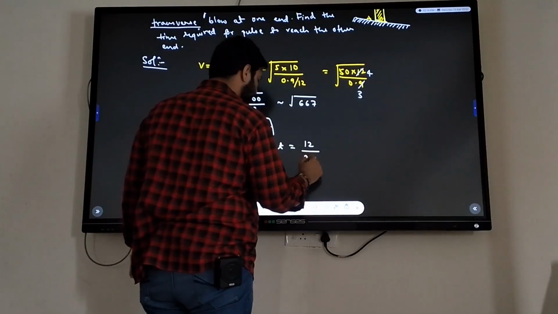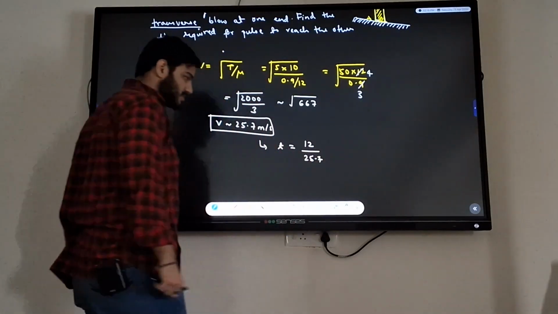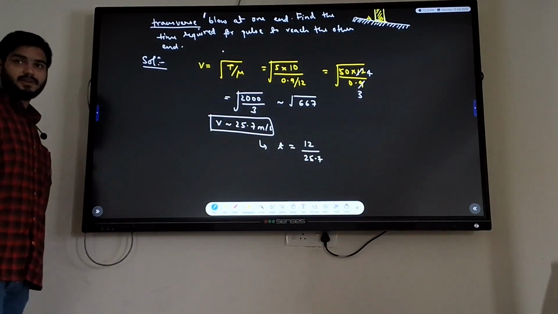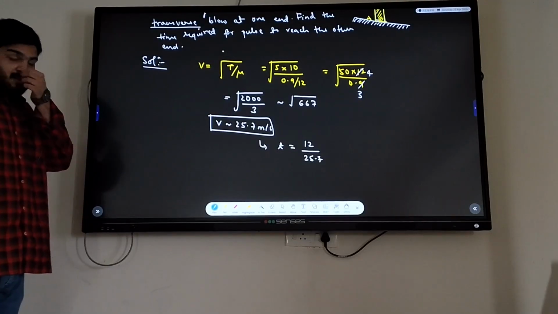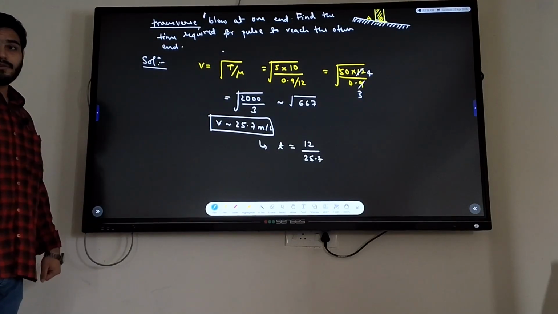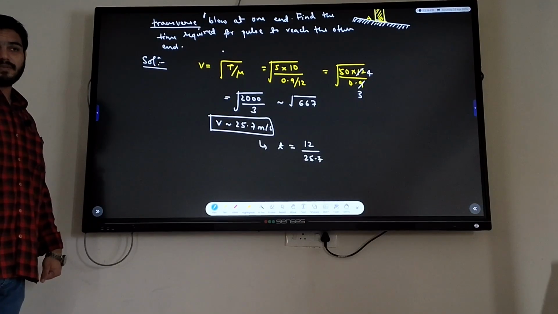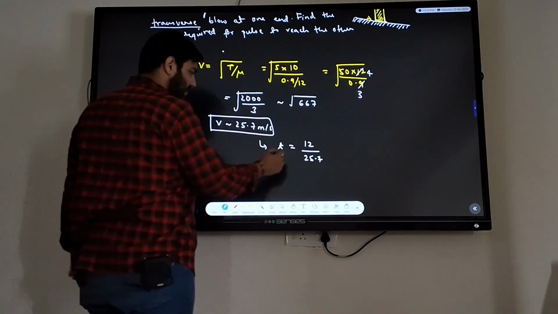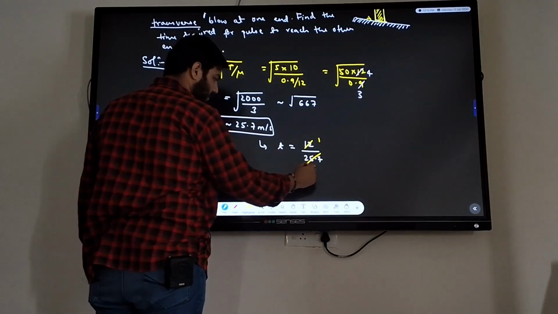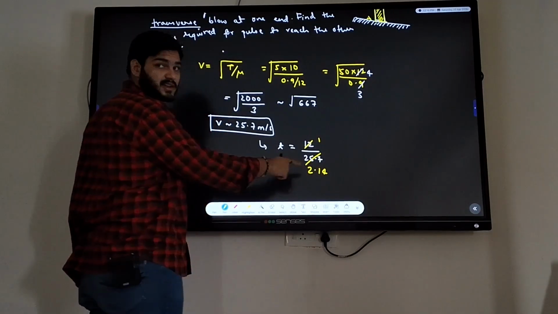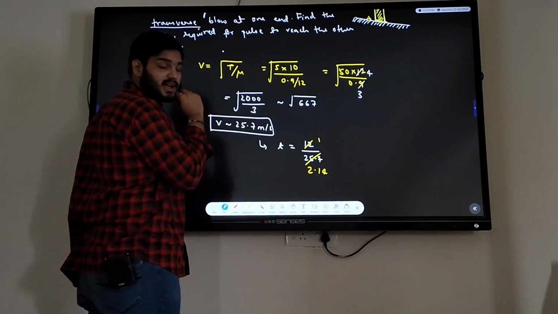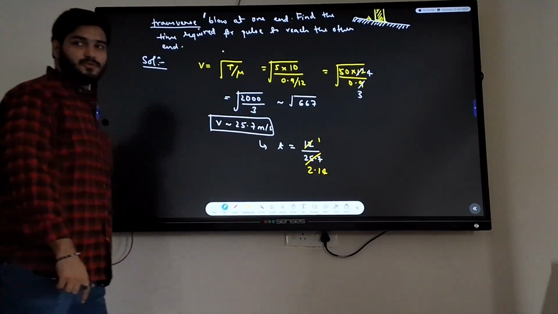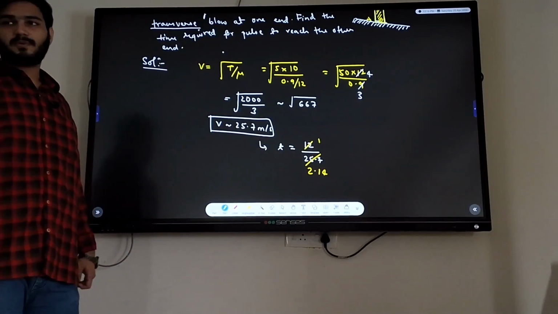12 divided by 25.7. I think 12 ones are 12, 12 twos are 24, and after this 1 is left, 17. 12 ones are 12, 5 left, 12 fours are 48. Approximately it is coming to 2.14, check it. If I take 2.14 as 2, then 1 by 2 is 0.5.